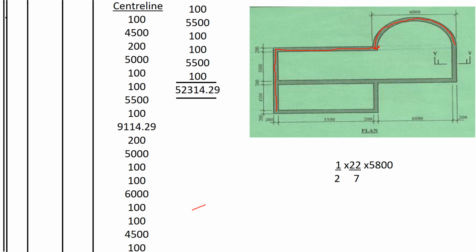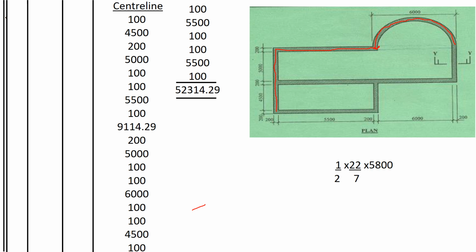So it shall be 0.5 times 22/7 times 5900. 0.5 times 22 times 5900, then we divide by 7.